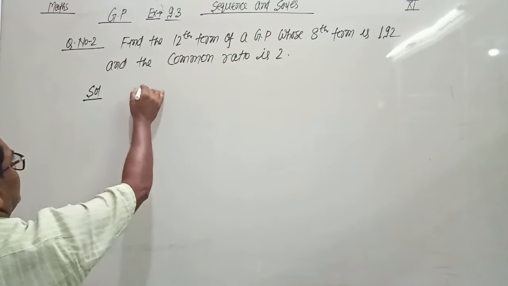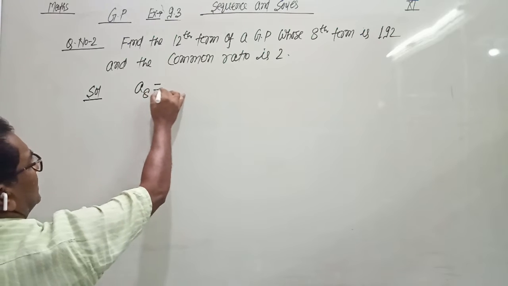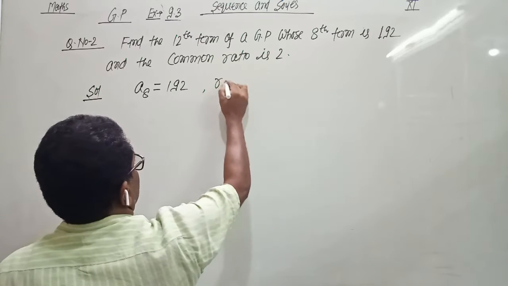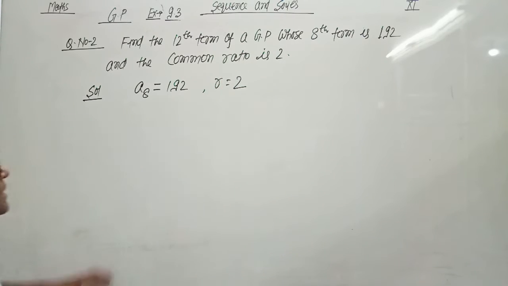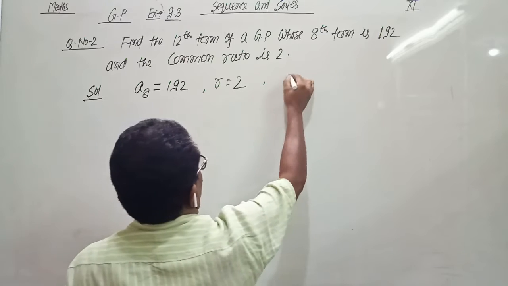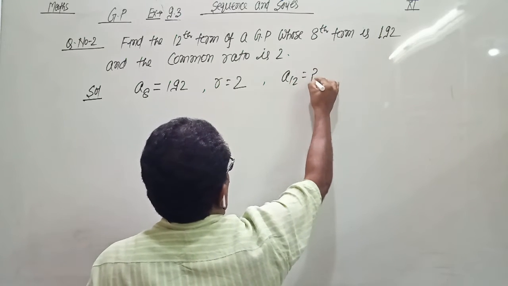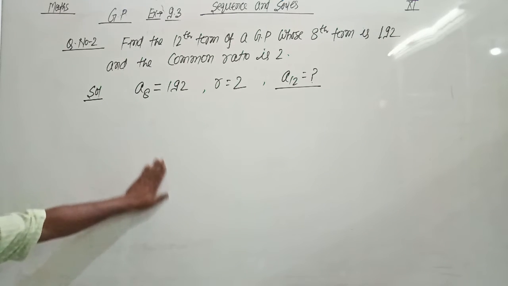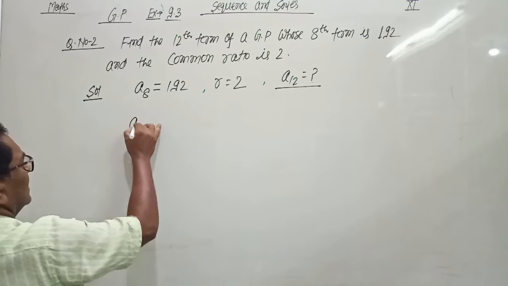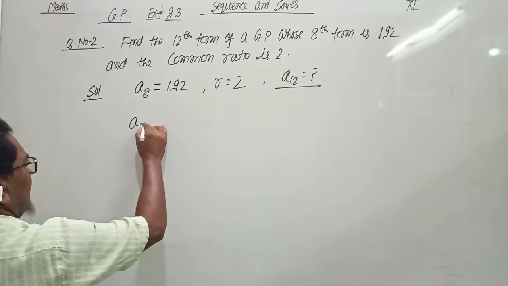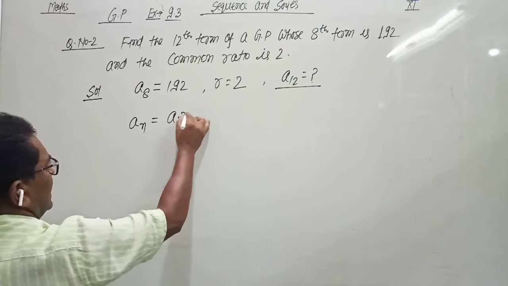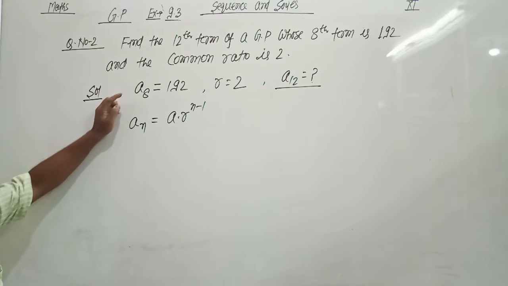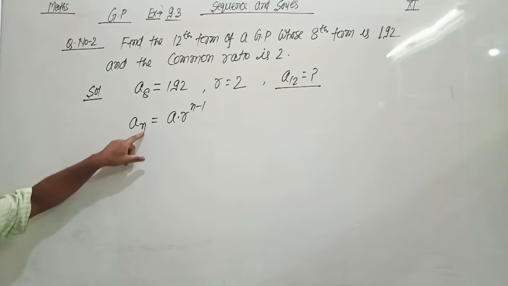So eighth term means a8 is 192 and common ratio r is 2 and we have to calculate the 12th term, a12. So we use the formula for an: an equals a into r raised to the power n minus 1. Here at the place of n there is 8.